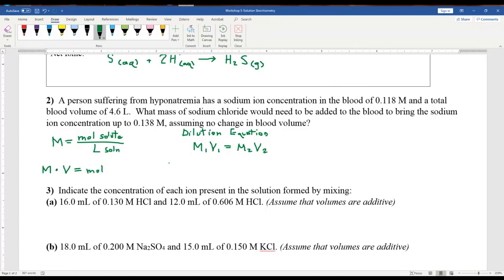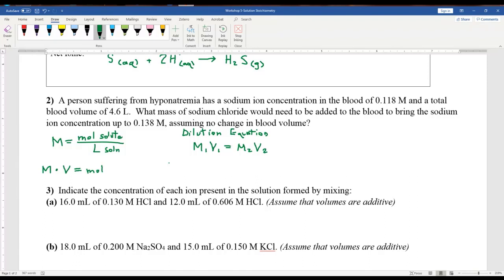But the important factor is that M1 and V1 have to correspond to the same solution. One side's the diluted solution, one side's the concentrated solution.